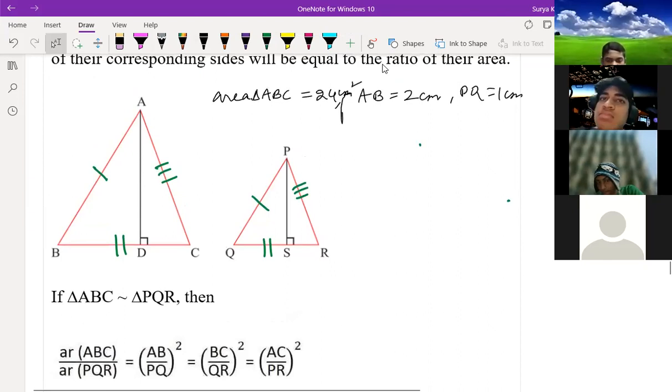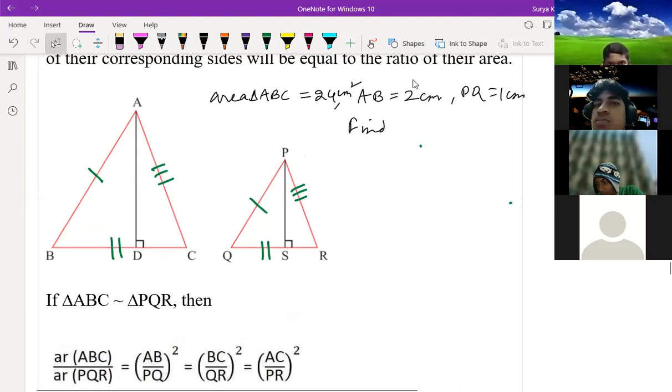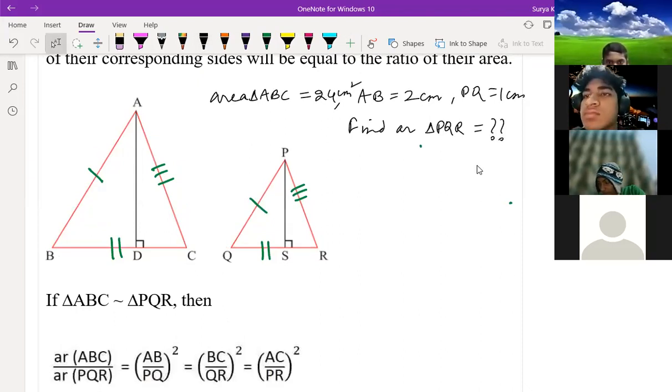Find the area of triangle PQR is equal to question mark. Okay, children, find the area of triangle PQR.